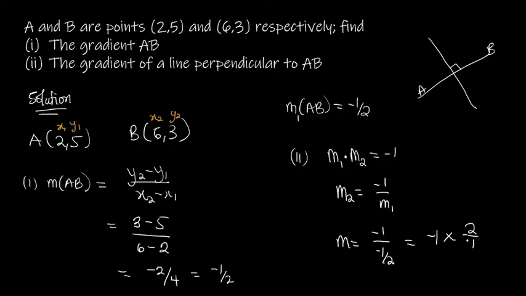So 1 multiplied by -2 on 1, which is equal to -2. So m2 over here will be equal to -1 multiplied by -2, and that will give me a +2. So the gradient of the line m2 over here is equal to 2.